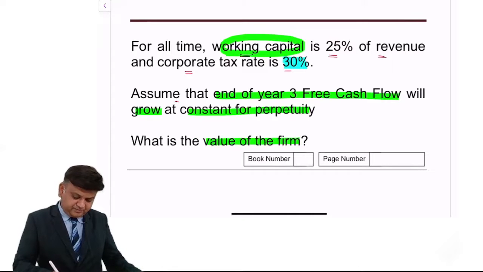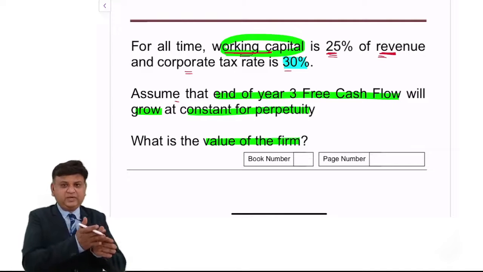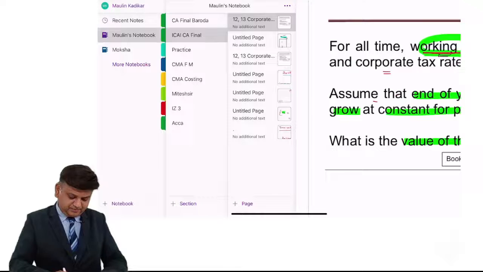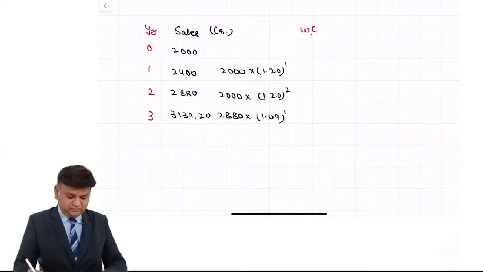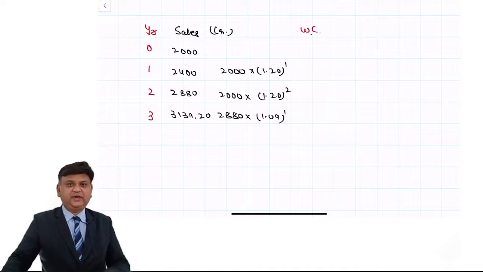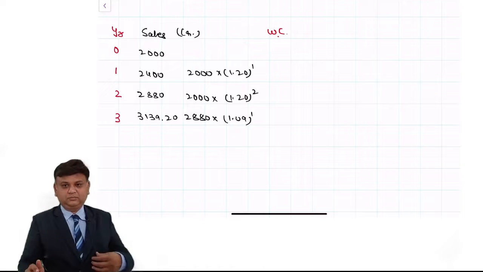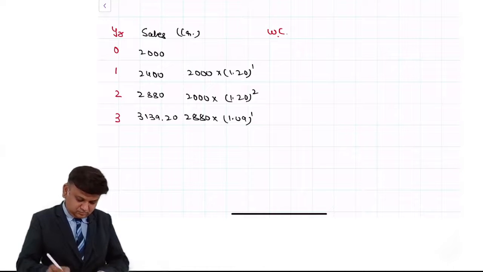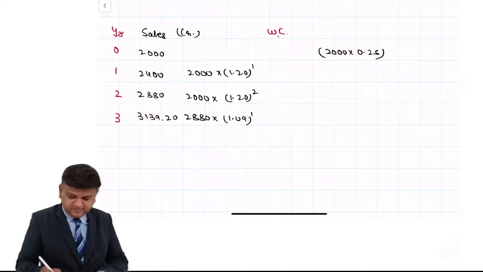For all time, the working capital is 25% of the revenue. So whatever is the sales of the company, 25% of that is the working capital. So over here we'll mention the working capital. It is 25% of the revenue. So accordingly we'll find the working capital for year 0 to year 3 end. So it is 2000 into 0.25.